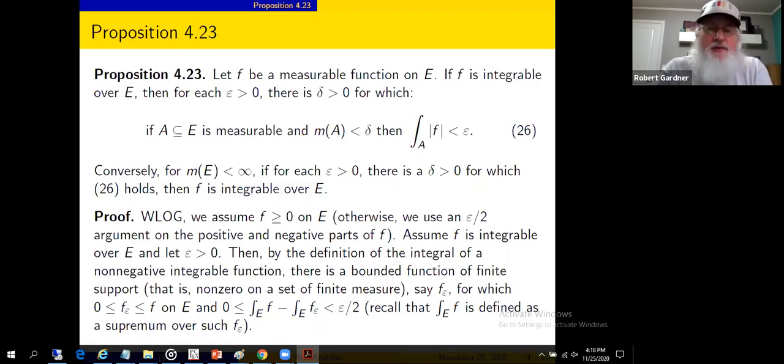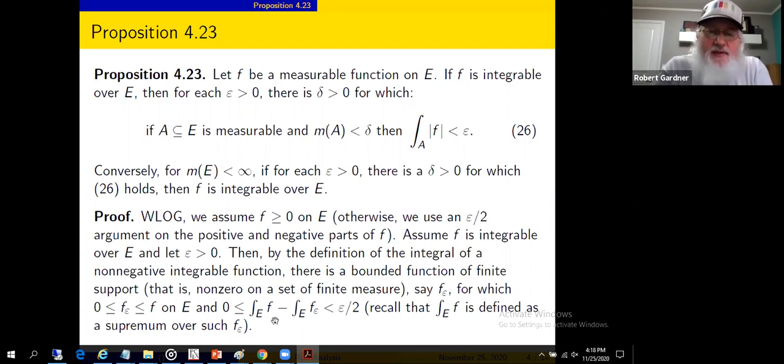That's because we define the integral over E of f, where f is a non-negative function, as a supremum over integrals of these kinds of functions, bounded functions of finite support. I called them effectively class 1 functions, I think it was.